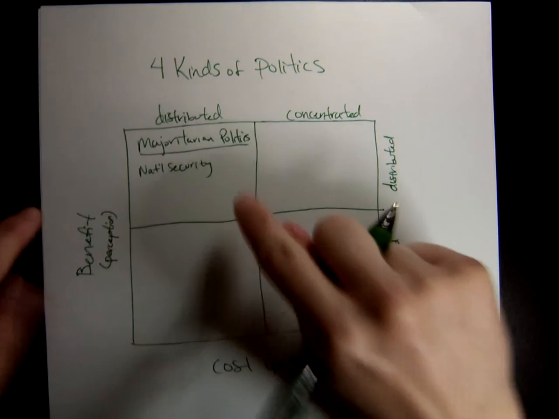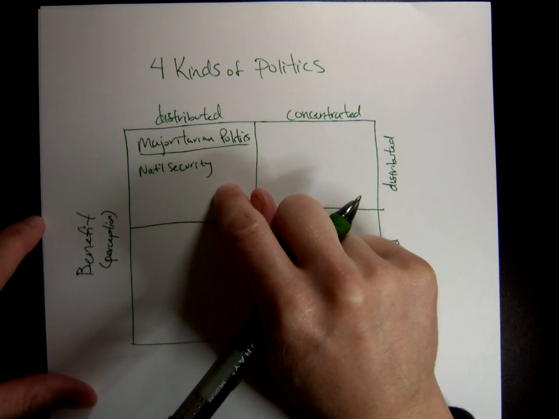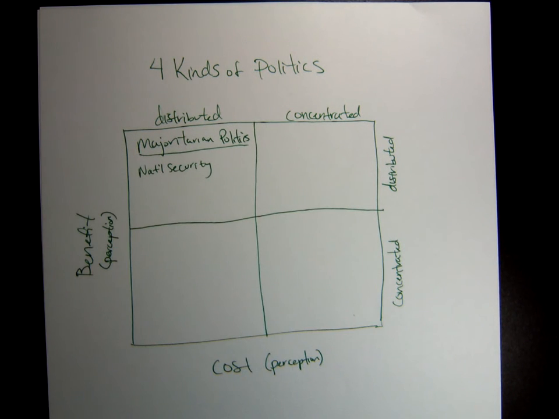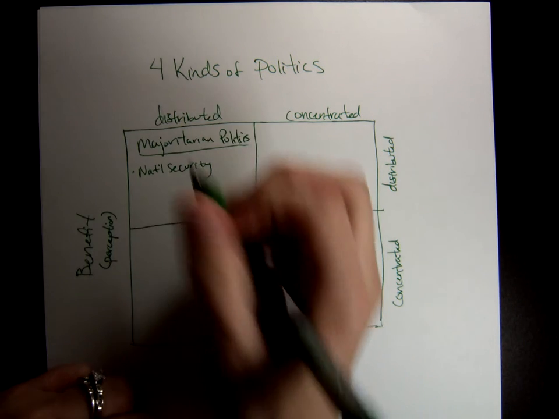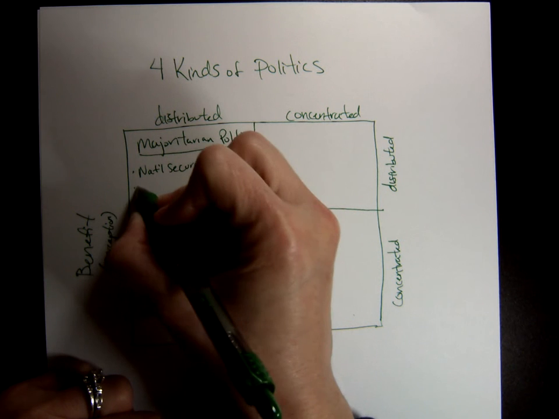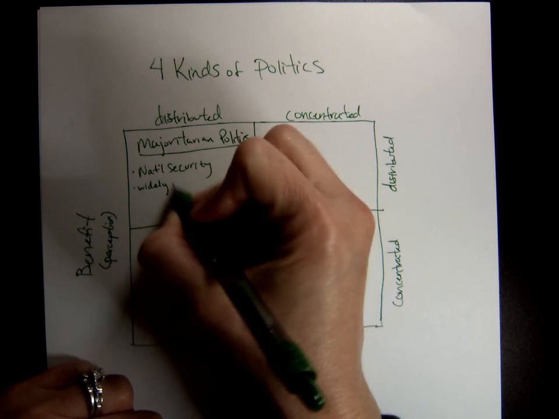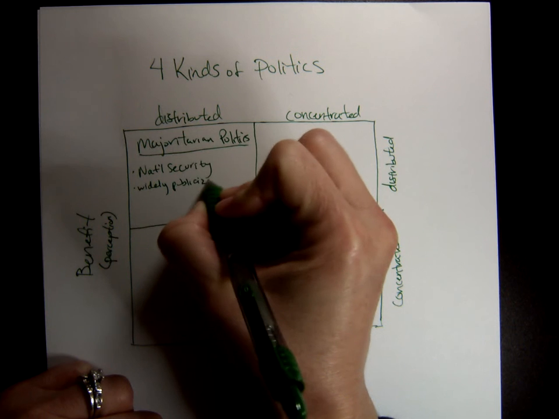Because this affects all and everybody pays for it, this is often what's in the news the most. It's the most widely seen, full of the most discourse in our politics. So it's widely publicized and discussed.